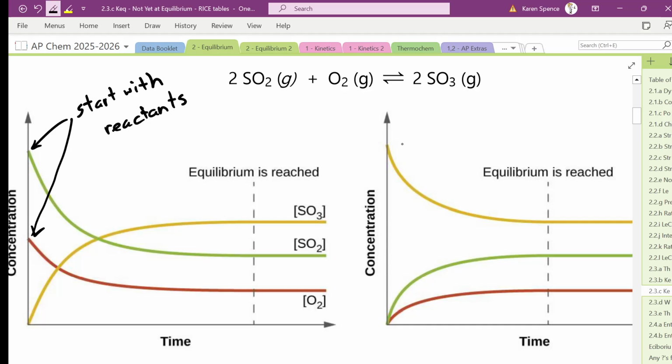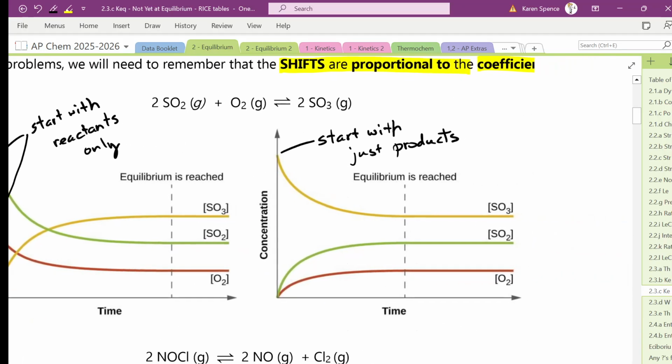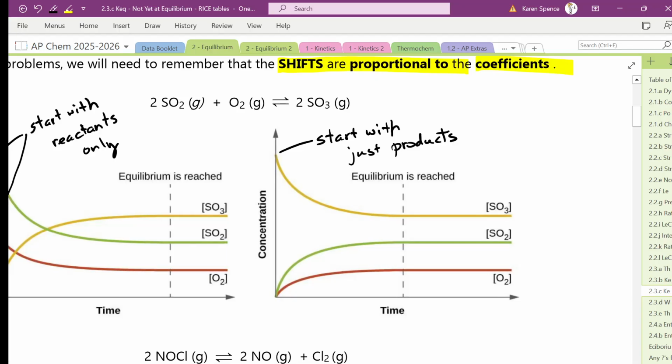We could also start with just products. But what I want you to look at for these things is that the SO3, the products, end up at the same concentration.